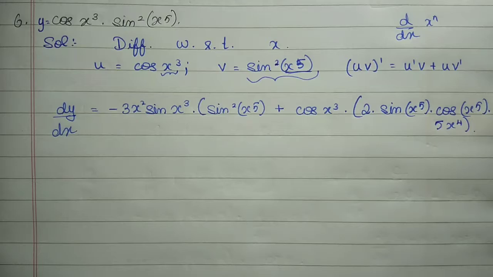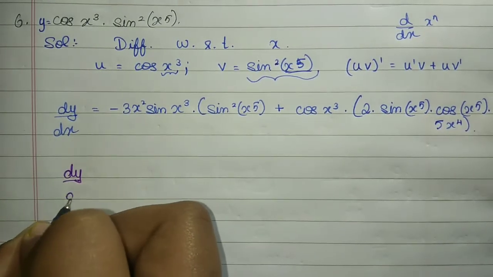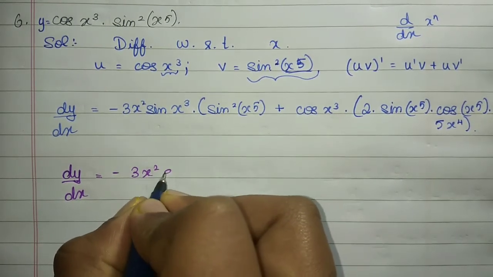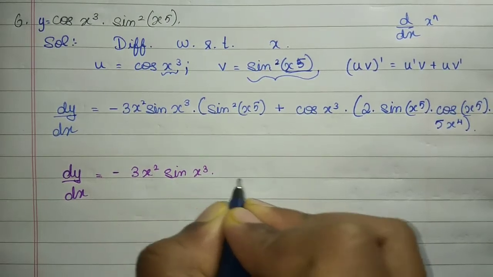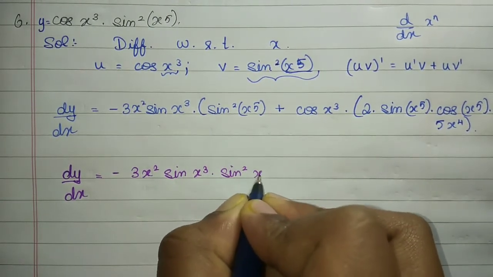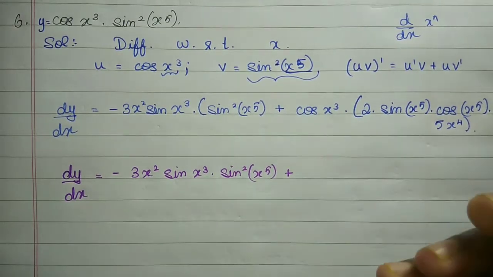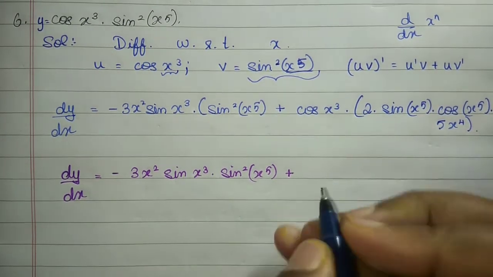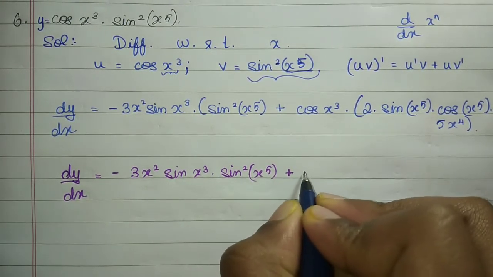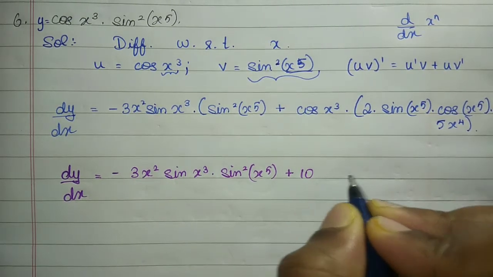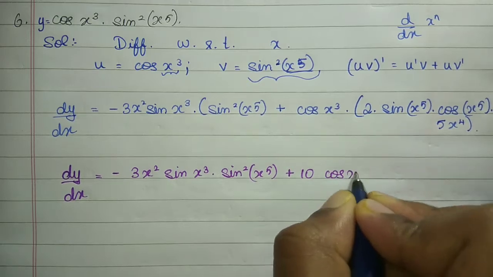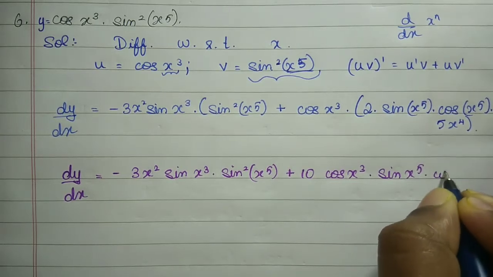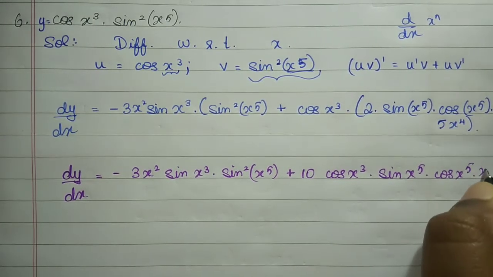So our final answer will be dy by dx is equal to minus 3x squared sine x cube into sine square x power 5, plus, so I have 2 and 5 here, I can just take these two, so 10 into x cos x cube into sine x power 5 into cos x power 5 into x power 4.